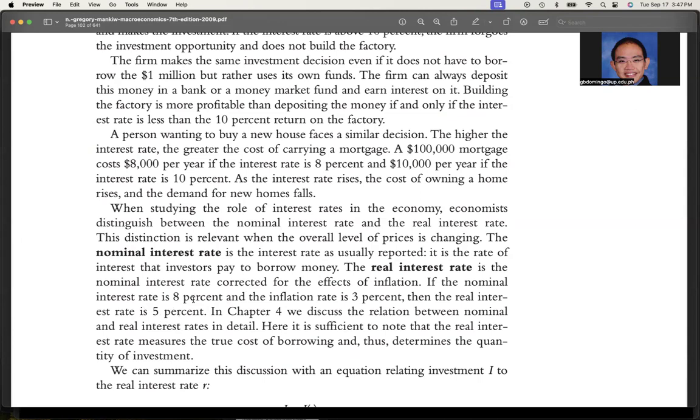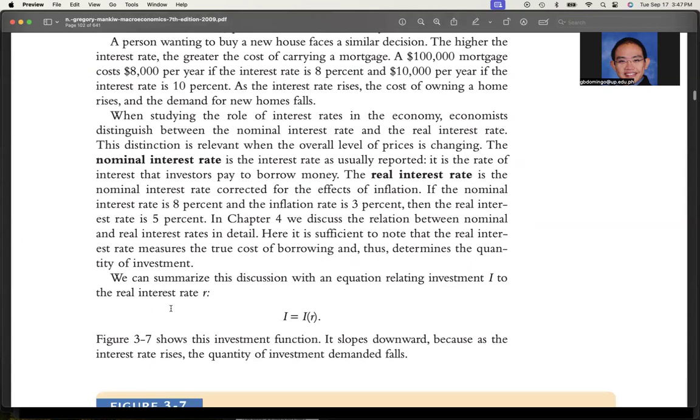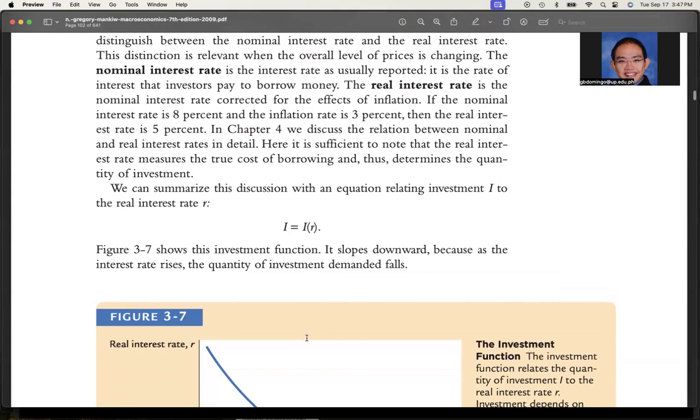So this is an approximation. 8 minus 3 is 5. In Chapter 4, we will discuss the relation between nominal and real interest rates in more detail. So we'll pause that discussion, except that here, we are relating investment to the real interest rate. So the real cost of borrowing, not the nominal cost of borrowing.